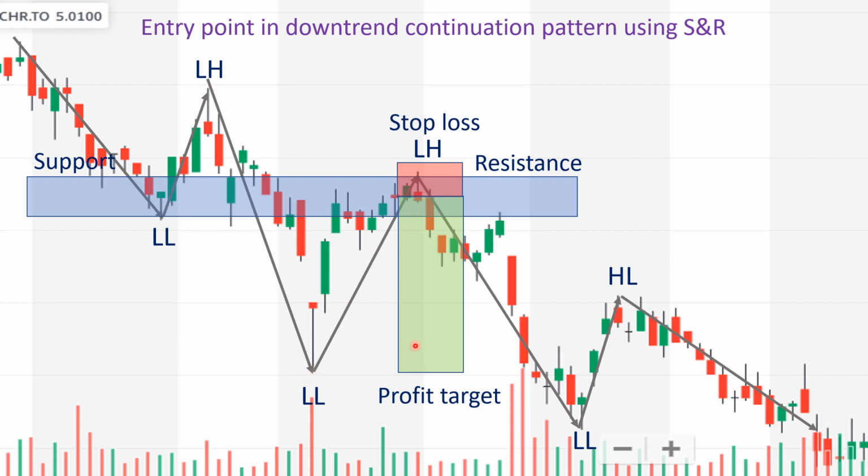So this is how we find selling opportunities and put our stop loss and profit target using support and resistance levels.